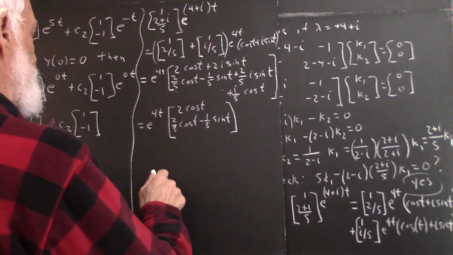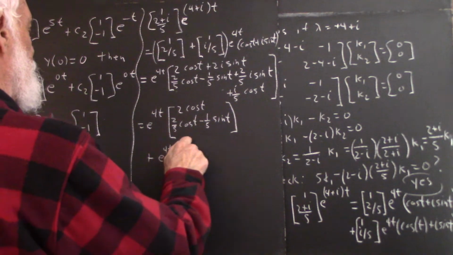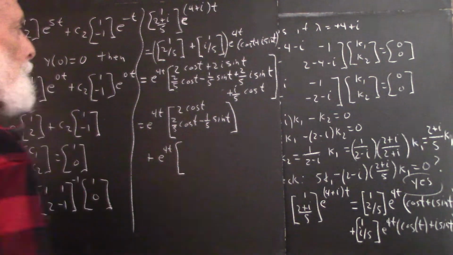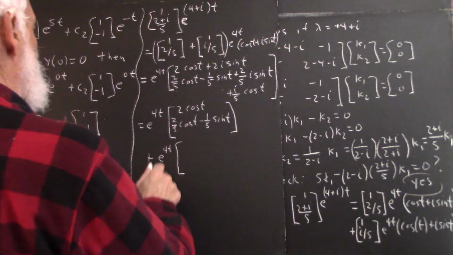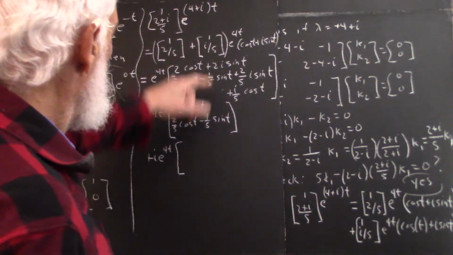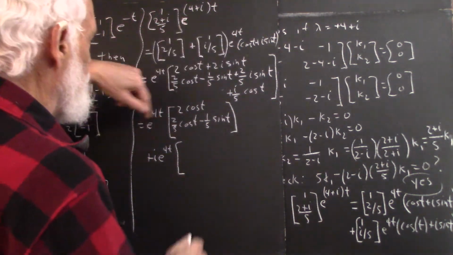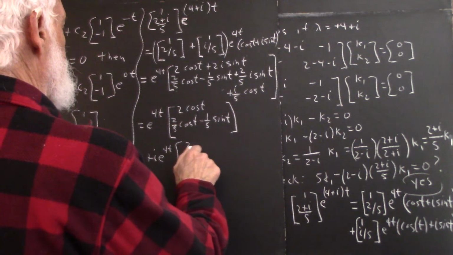And then it's going to be plus e to the 4t multiplied by, well, let's see. I'm going to put the i out in front. I'm going to pull out the imaginary parts. I have a 2i sine t, which will give me a 2 sine t.